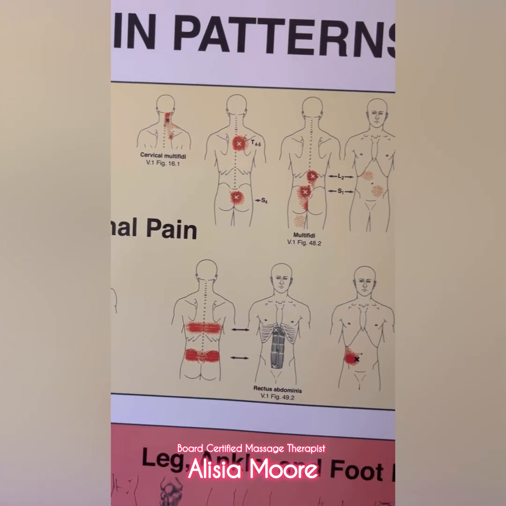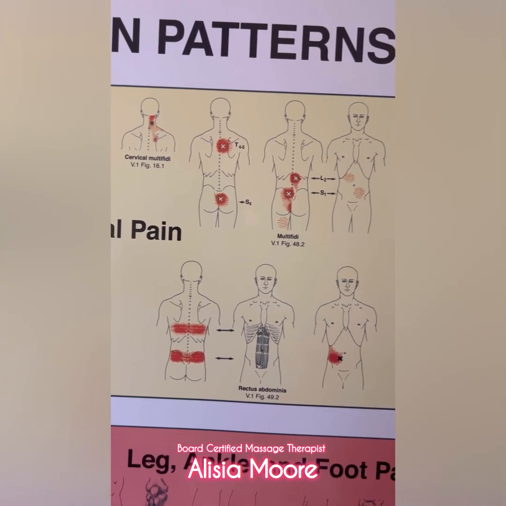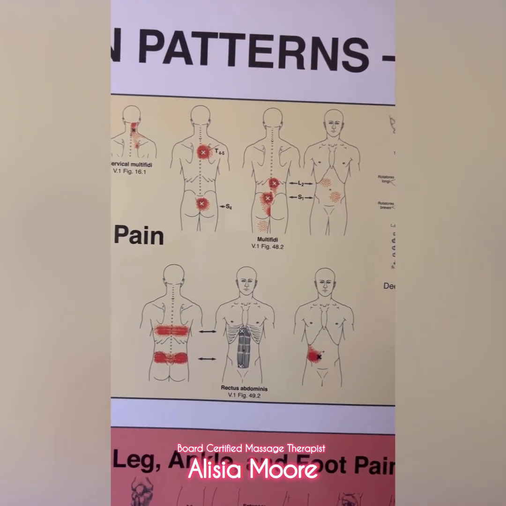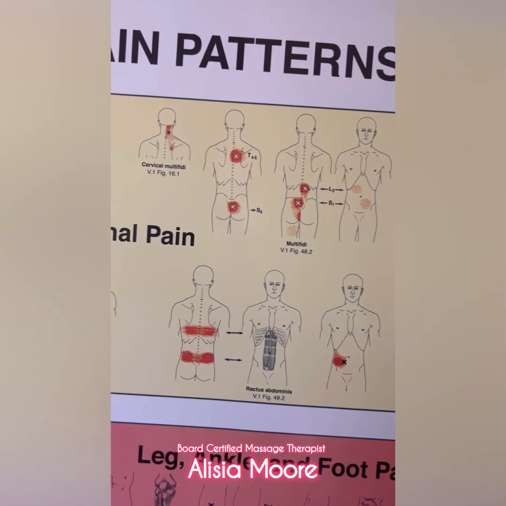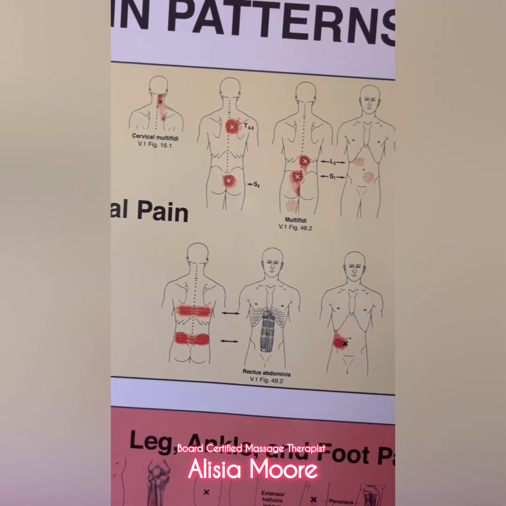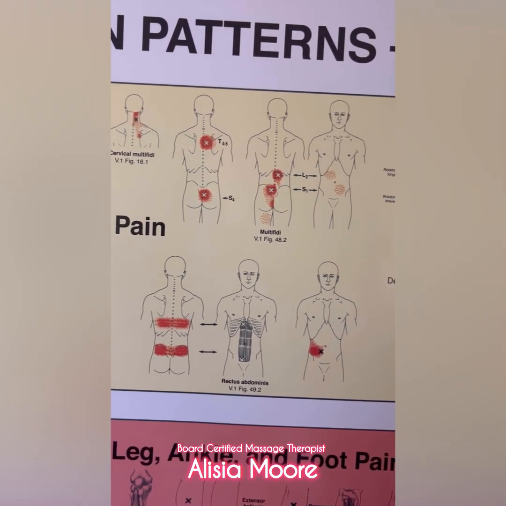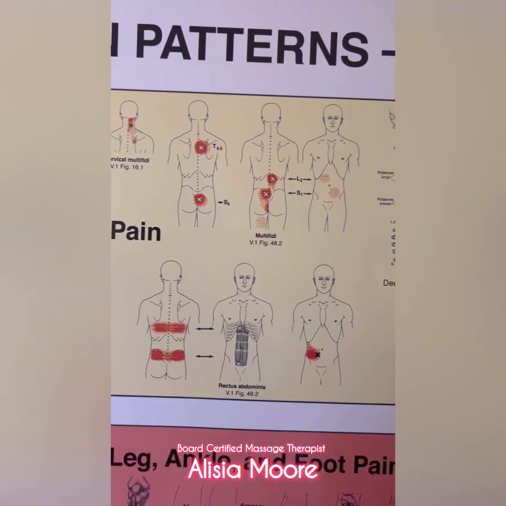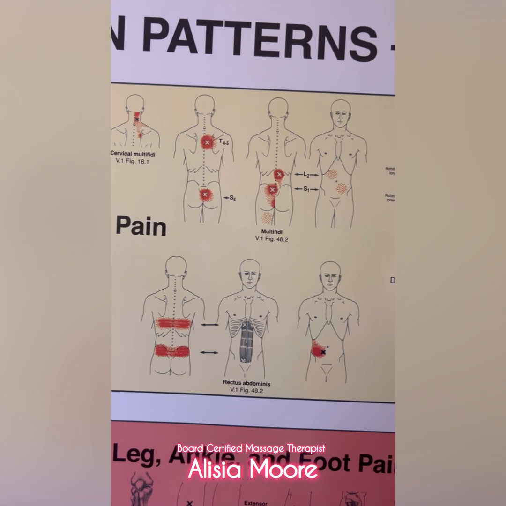So the goal of massage and trigger point therapy is not to make muscles super loose and flaccid and not optimal. The idea is to locate the areas where there's going to be natural tension and to help relieve it.